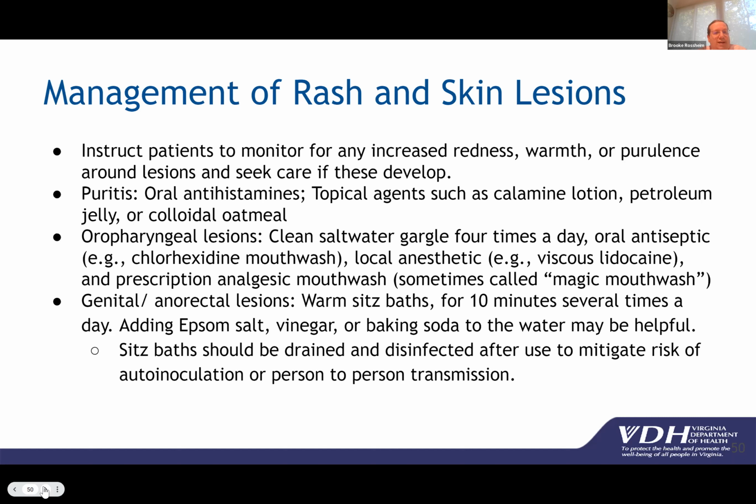You can use oral antiseptics like chlorhexidine mouthwash. Also, you can use magic mouthwash, which contains analgesics in it. For genital and anorectal lesions, doing sitz baths periodically can help with discomfort. Next slide.